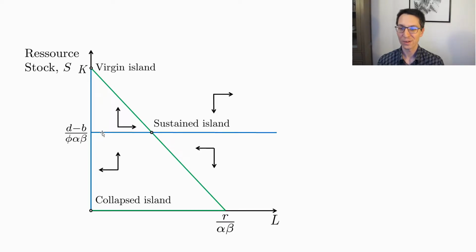And now, okay, so that was the first try. Now ask yourselves, at what angle do I cross this steady state for S line? So the sustained island for S, is it going to be this way, that way, or that way? Think about it.